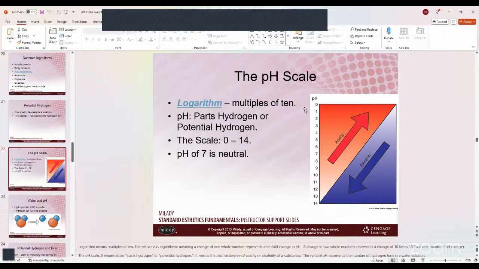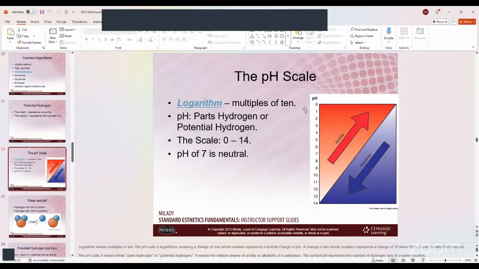So if you have an acid pill that's a 2, and then you step down to 1, you have 1 being like 100 times stronger than 2.